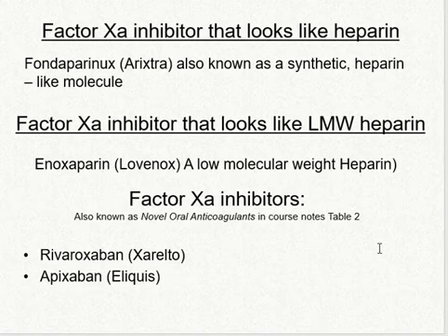I know this literature is crazy, but again, just look at those summary charts and it'll make more sense. And then there are the factor 10A inhibitors called newer oral agents. They've been around maybe 10 years, so they're not really new anymore, but they're new relative to heparin. That's rivaroxaban and apixaban. You've probably seen commercials recently for these two. They tend to advertise quite heavily.